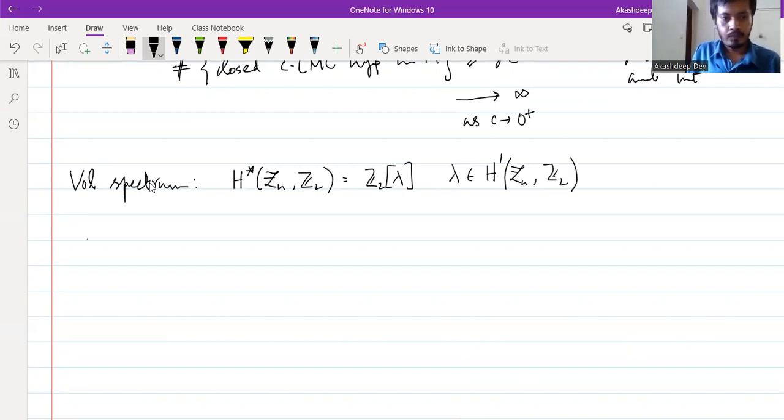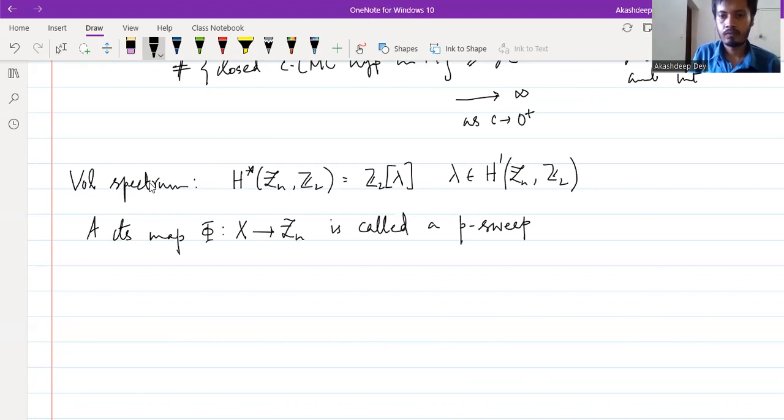A continuous map Phi from X to Z_n is called a P-sweepout if Phi pullback lambda to the power P is non-zero in H^P(X, Z mod 2).